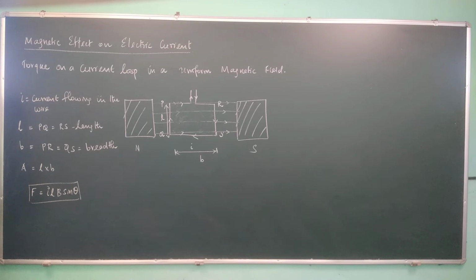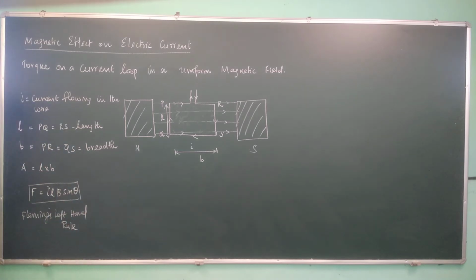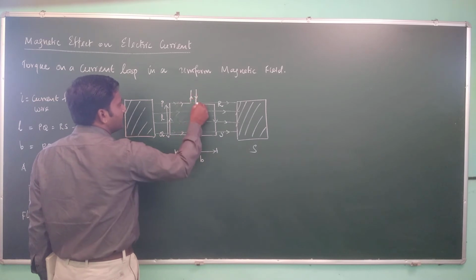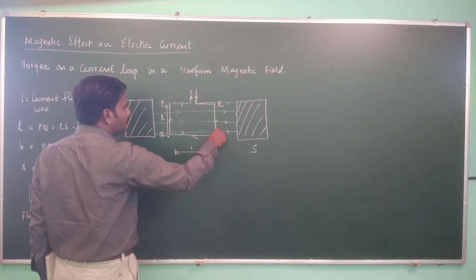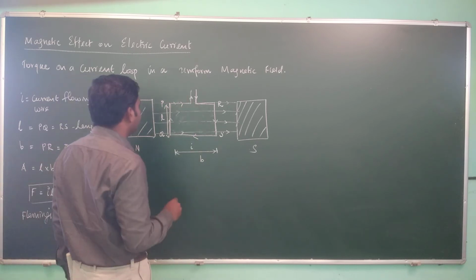This is the expression for force, and the direction of the force we can denote by Fleming's left hand rule. Now see the current flowing in this direction: it is going here and coming down, going left, going up and going right and goes out.